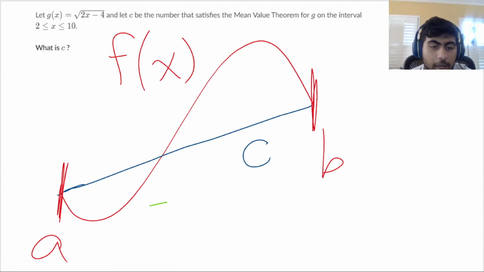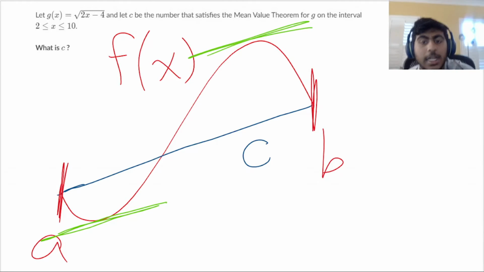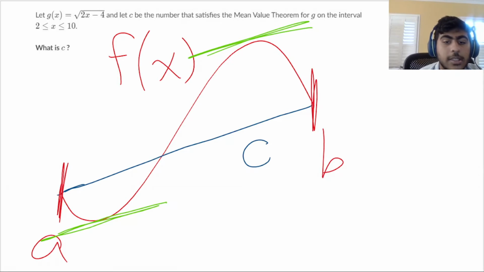If we look at it here, we can see one place right here, and another place right here. It doesn't have to be in two places; sometimes it can only be in one. But this is the mean value theorem. If it's both continuous and differentiable, then you know that there's going to be somewhere on here where the rate of change is equal to the average rate of change.